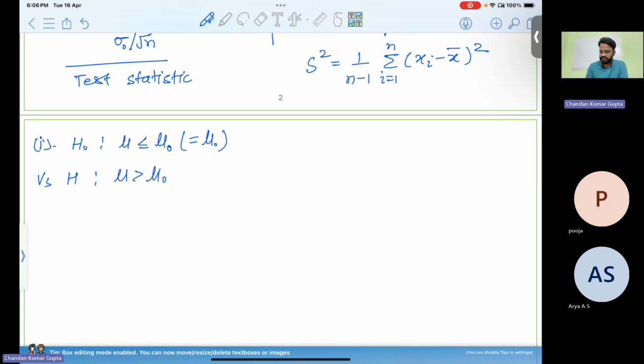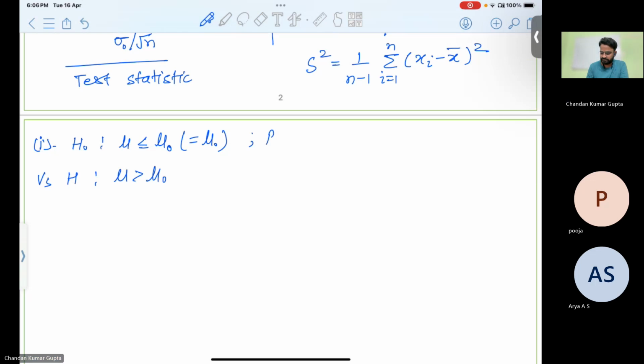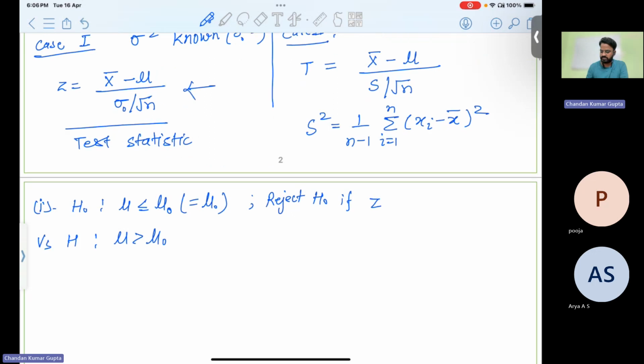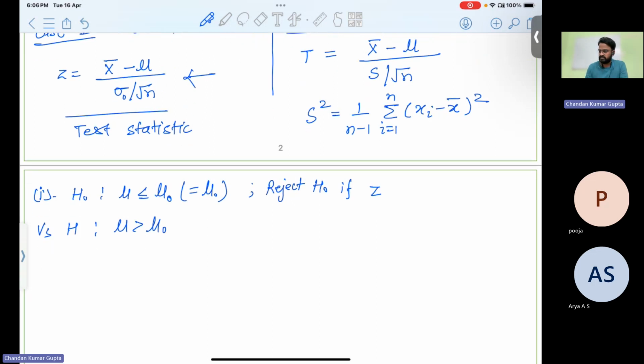Okay, in this case, we reject H naught if, in this particular case, Z calculated is greater than Z alpha. Greater than or equal to have a similar meaning because we are dealing with a continuous distribution.